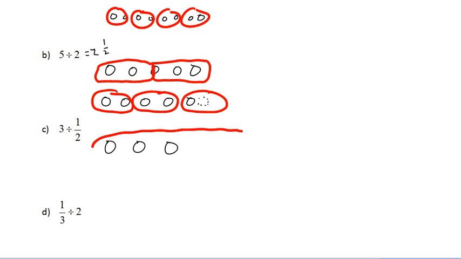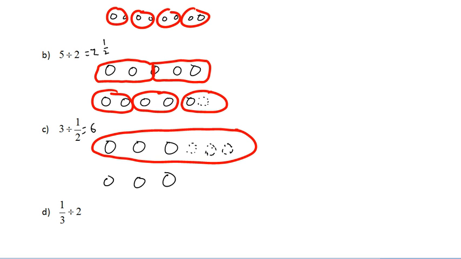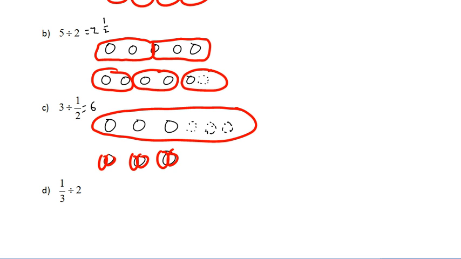So if 3 is half a group, then a whole group would be 6. Probably an easier way for you to think about it. Here's our 3, and we break it into groups of a half. So there's 1, 2, 3, 4, 5, 6 groups of a half. Okay, so there's a visualization of 3 divided by a half.